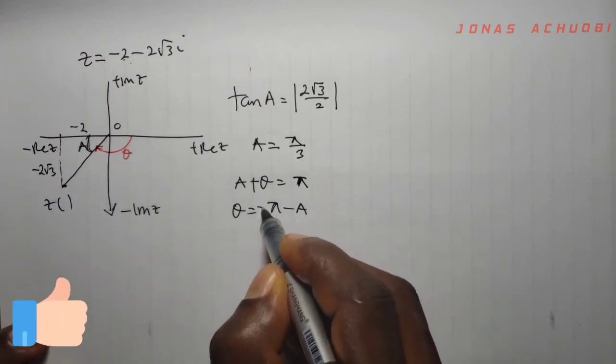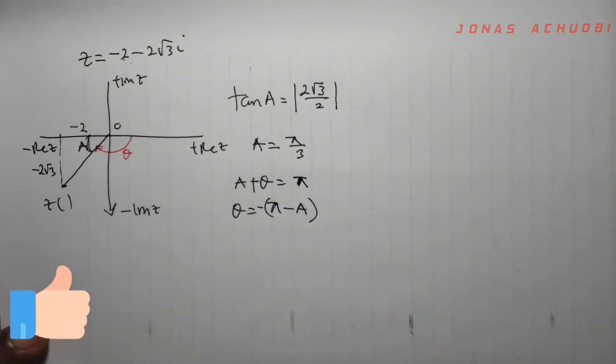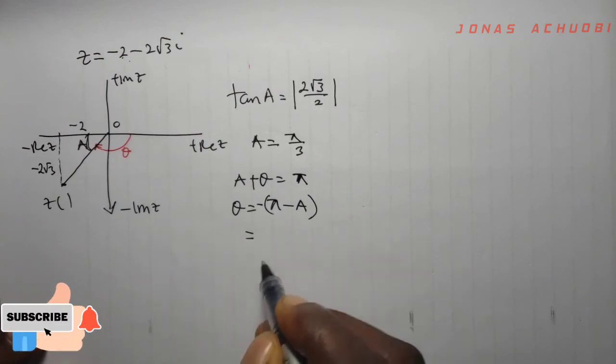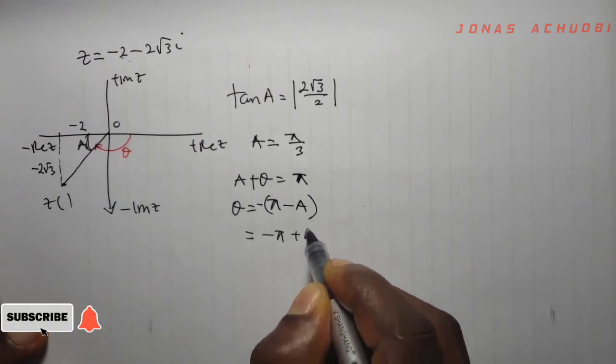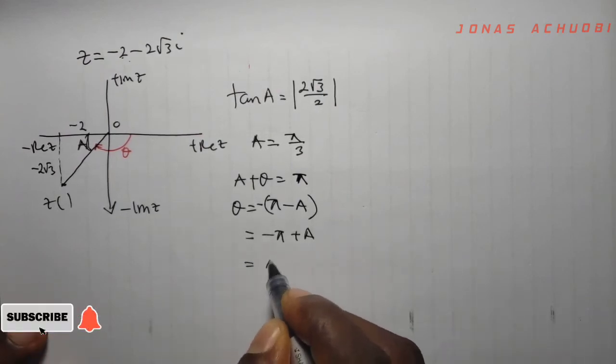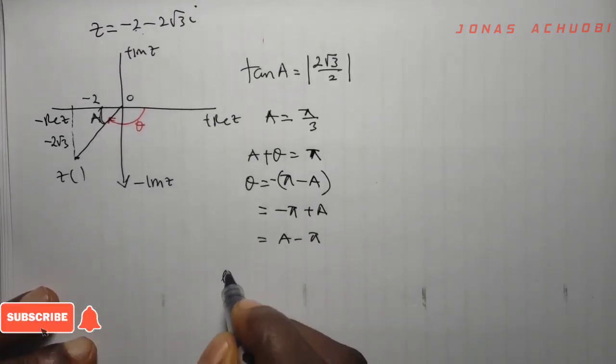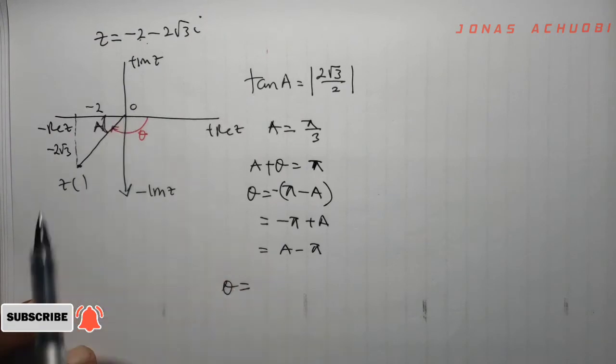So theta is nothing but the negative of pi minus A. If you open up the bracket, you get minus pi plus A, which is nothing but A minus pi.